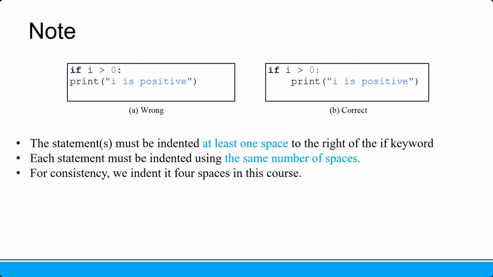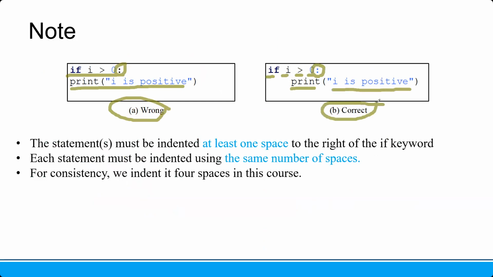Please remember, if i is higher than 0, colon, print i is positive on the same line: this is wrong. If i is higher than 0, colon, and then print i is positive on the next line with space: this is correct.